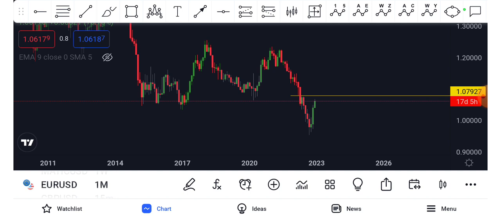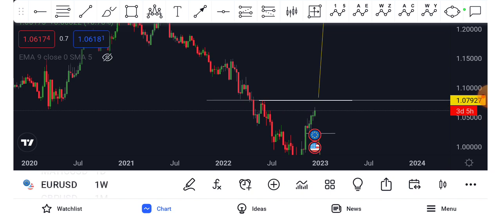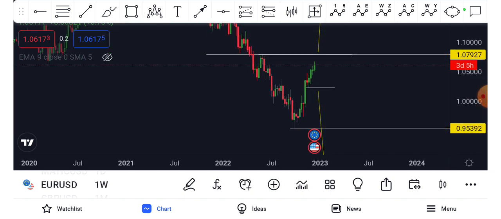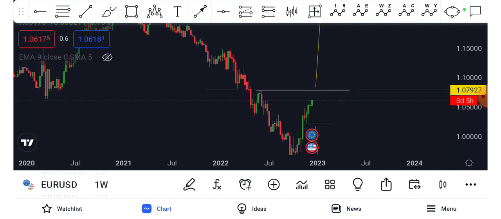Now we have to scale down to the weekly time frame. So scaling down to the weekly time frame, you can now see clearly what it is talking about. I remember the last time I did the analysis, I said, let me show you how I did the analysis.